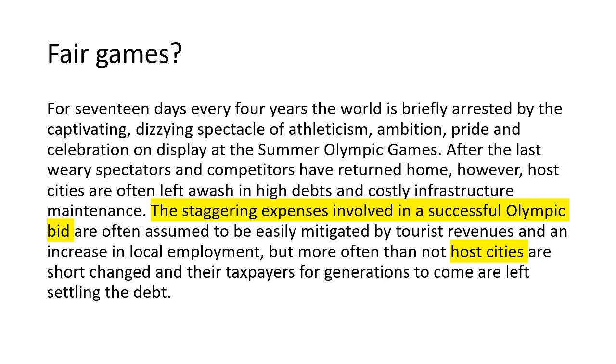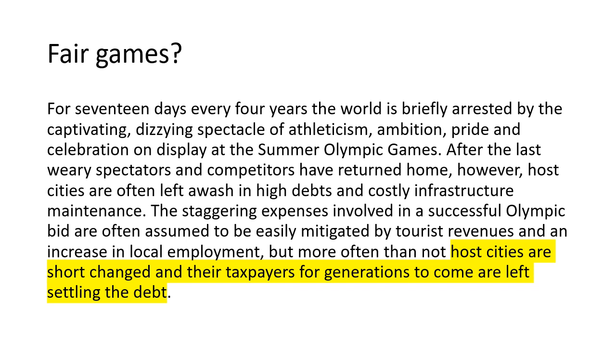In the second clause of the compound sentence, the subject is host cities. It reads, host cities are shortchanged and their taxpayers for generations to come are left settling the debt. We are looking for bids to become a host city, or its paraphrase. It is not here either.